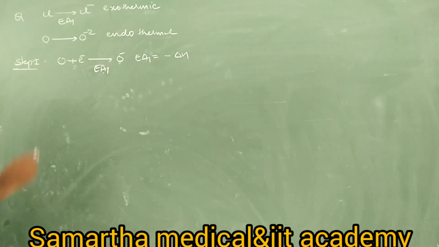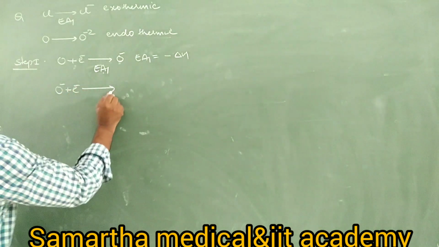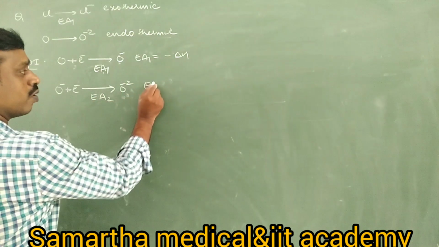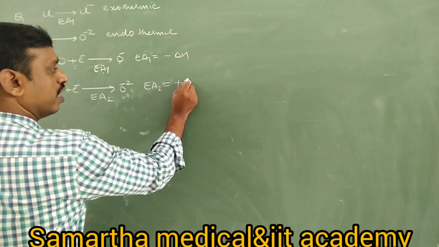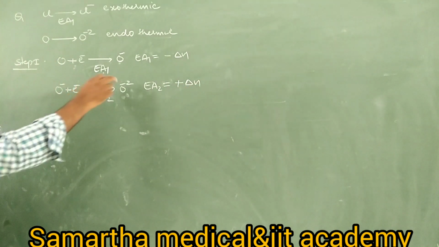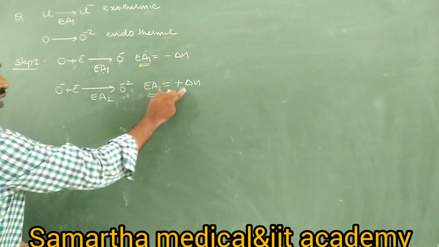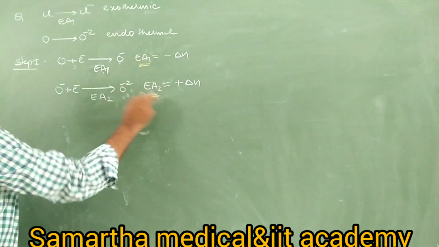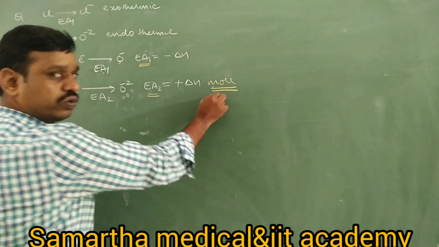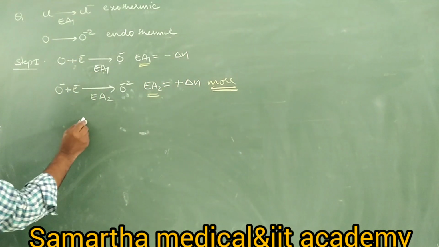Next, O minus plus one more electron gives rise to O minus 2. This is EA2. But EA2 is what? Endothermic. Now EA1 is exothermic, EA2 is endothermic. Then among EA1 and EA2, EA2 is more important. EA2 is more than EA1. Now tell me, what is the resultant energy?